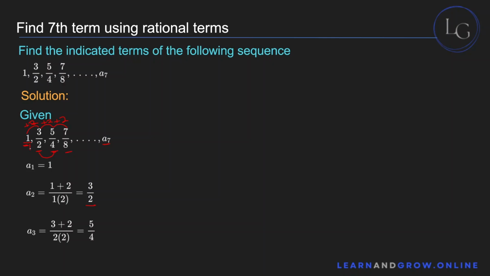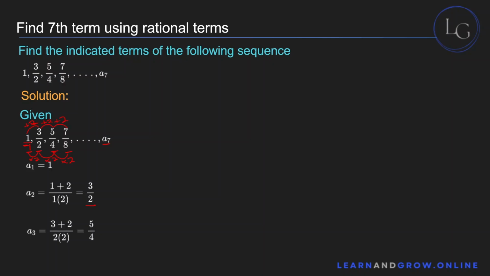To go from 1 to 2, you multiply it with 2. 2 will be multiplied with 2 to give you 4. 4 will be multiplied with 2 to give you 8. So the denominator is being multiplied by 2, and the numerator is being added by 2.